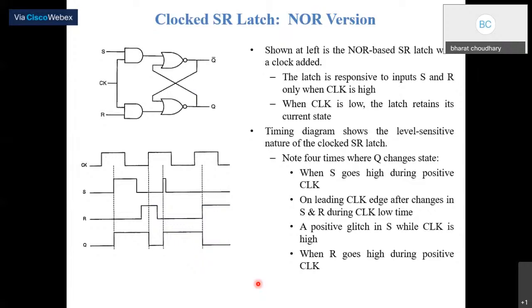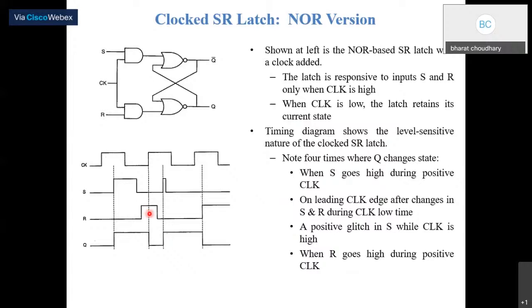Now shown at left is the NOR-based SR latch with a clock added. Here we are applying the clock signal, so the latch is responsive to inputs S and R only when the clock is high, and when the clock is low, the latch retains the current state. And this is the timing diagram waveform.